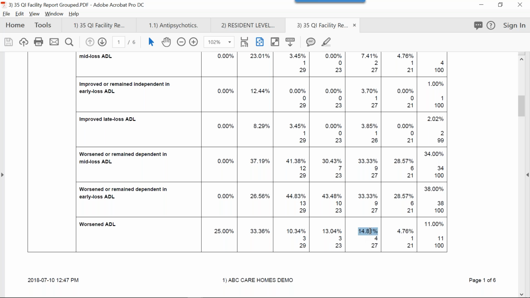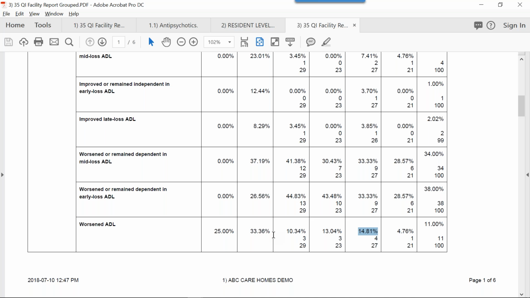So more than 3 times the lowest. However, they're all better than the provincial average. Okay, so my nursing units, yes, there's variability. However, it looks like even though there's variability, we're much better.